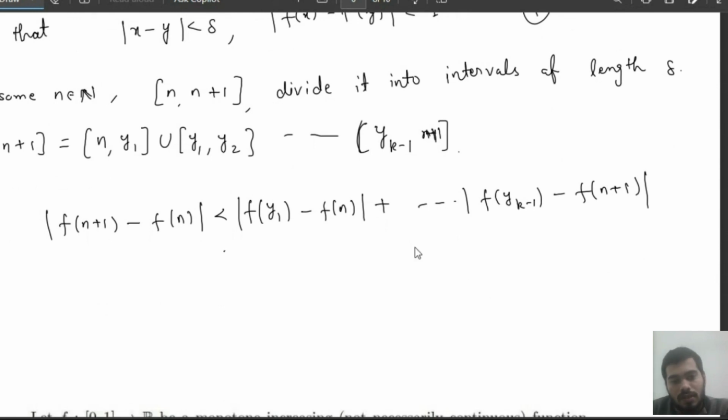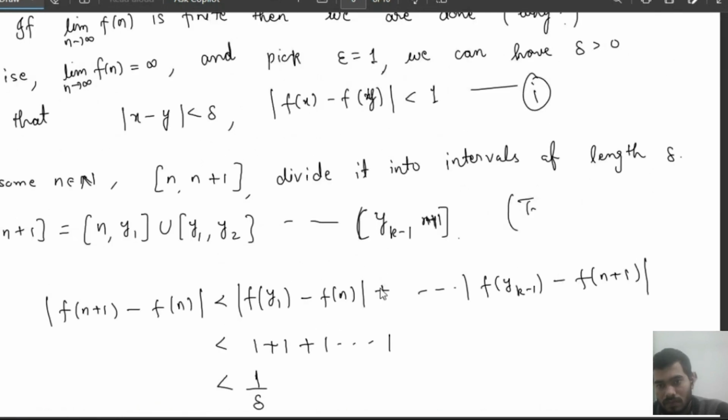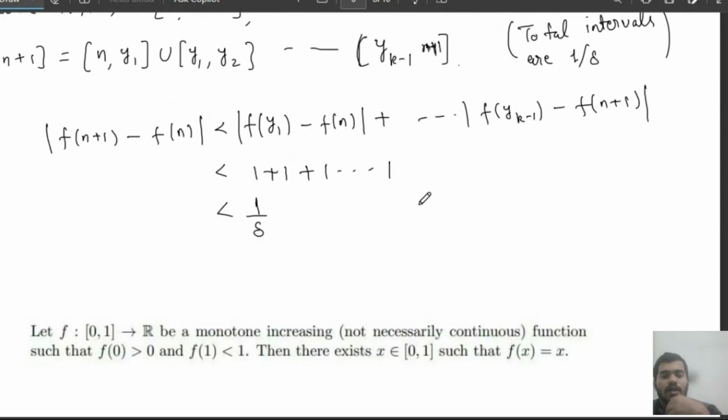This quantity is less than 1 for each interval, and there will be as many terms as the number of intervals, so this quantity is less than 1 over delta.